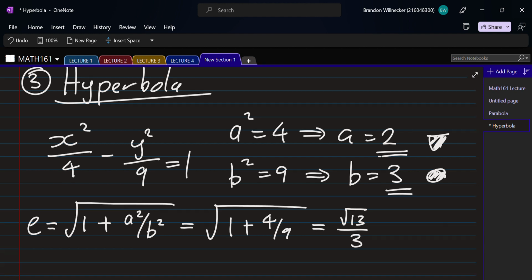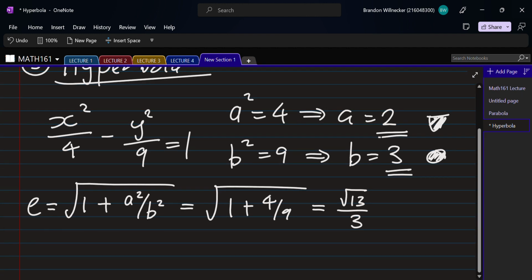Okay, and then once we have the eccentricity, we can then find the focus or the focal length, and then that will be root 13. Okay, so please, if you're not familiar with the eccentricity or the focal length, please go back to the previous lecture where we look at those formulae.